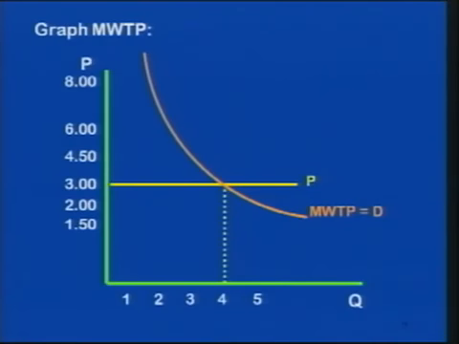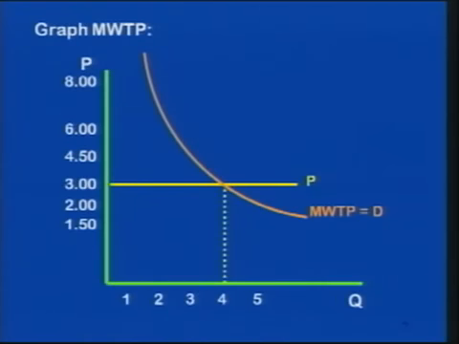But then after that, I don't buy the 5th one because for the 5th unit, the willingness to pay is less than the price. So if you read from the price over to the marginal willingness to pay curve, where that price line intersects the curve tells you the quantity that the person is going to demand at that price. Any quantity less than this, their willingness to pay is greater than the price, and any quantity more than that, their willingness to pay is less than the price, and so they don't buy it.